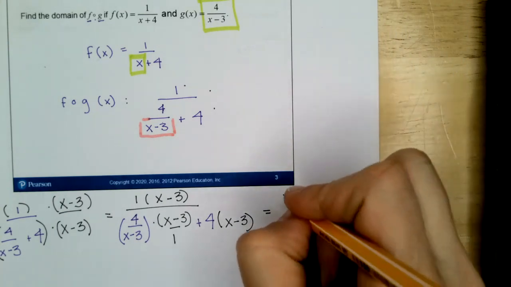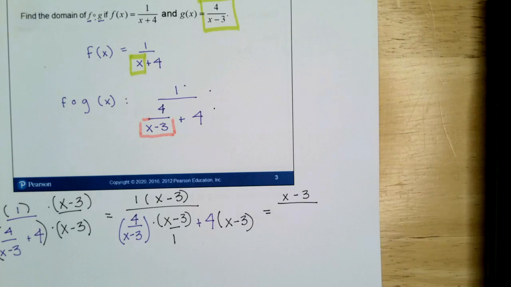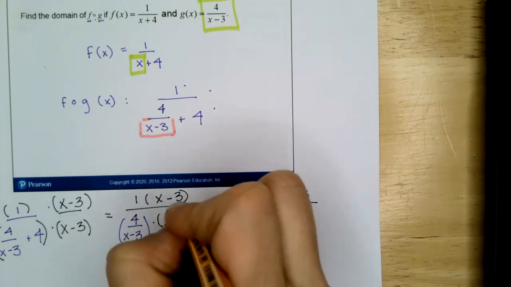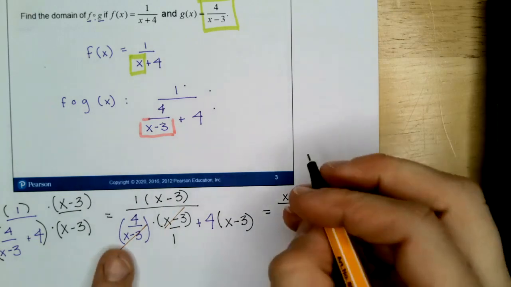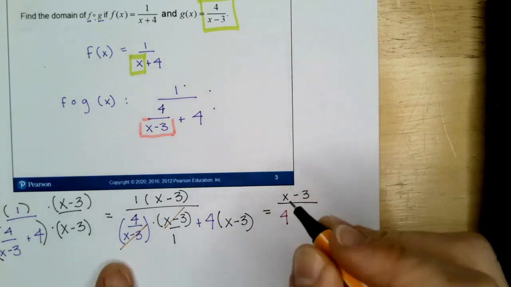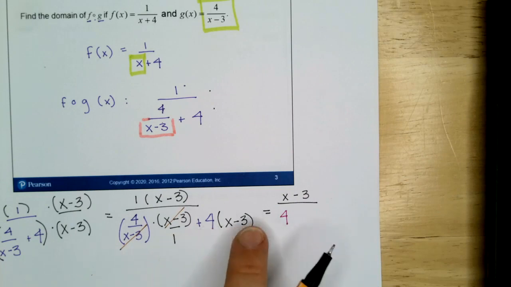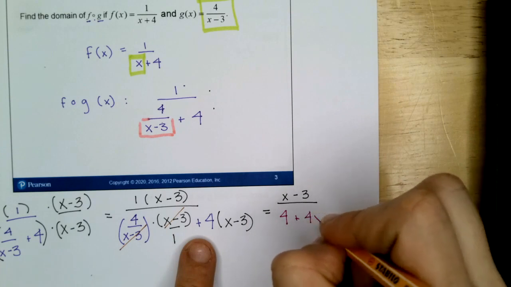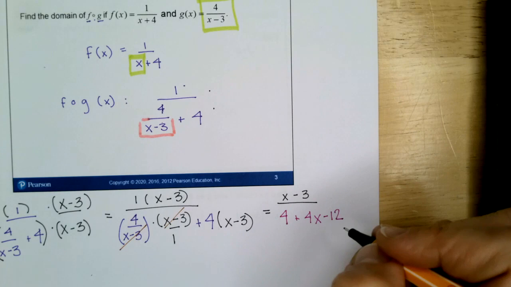So that now we have x minus 3 on the top. Here, these are going to cancel. 4 times x minus 3 divided by x minus 3 times 1 is just going to give us 4 over 1, or 4. And then 4 times x minus 3 we're going to distribute. Plus 4 times x is 4x, and then 4 times a negative 3 is a negative 12.